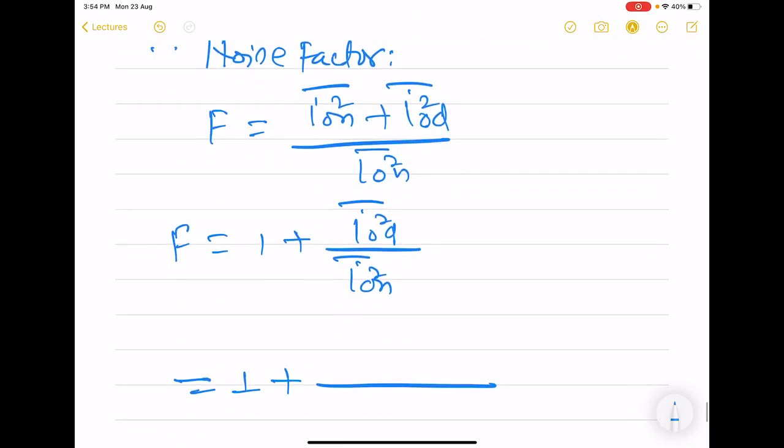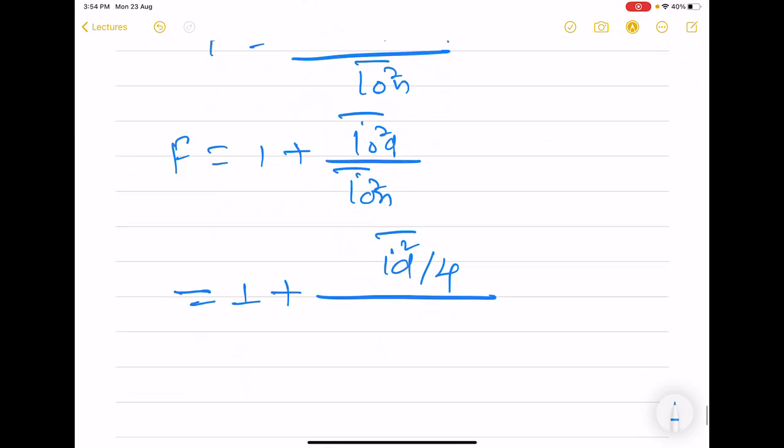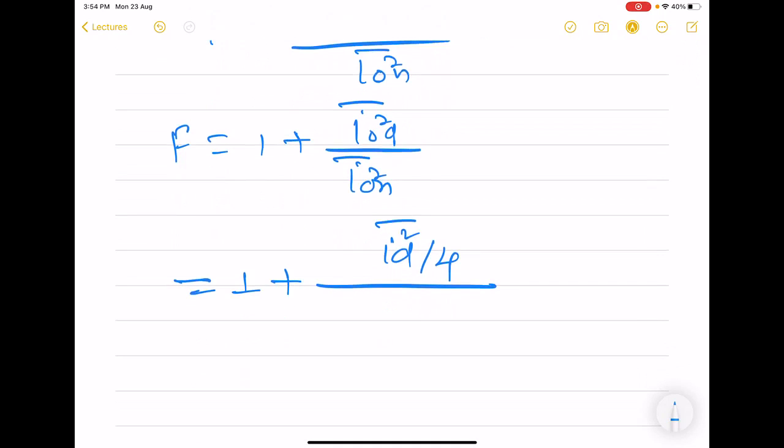IOD mean square is simply ID mean square by 4, because this was half of the drain current, and the denominator is going to be omega by omega T whole square into Vn mean square divided by 4 Rs square.